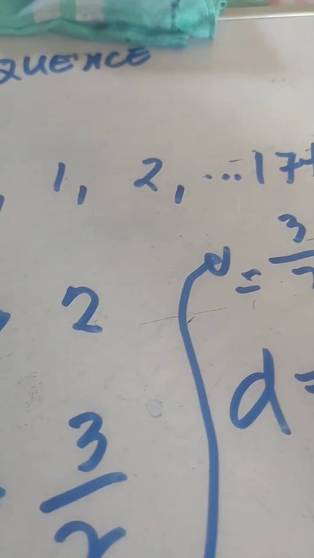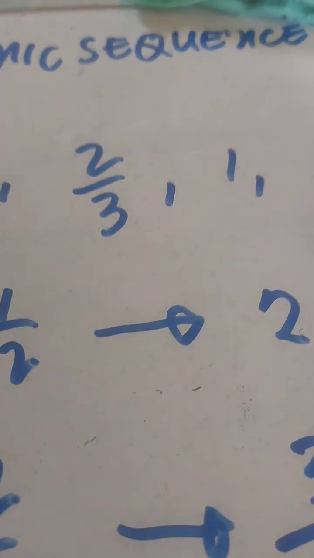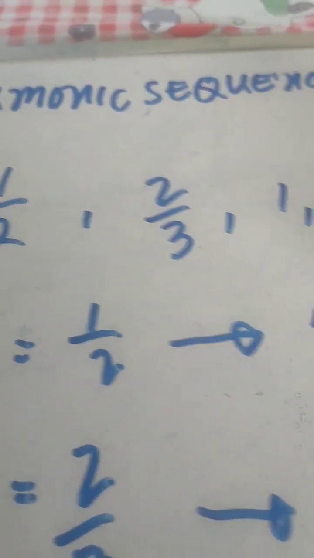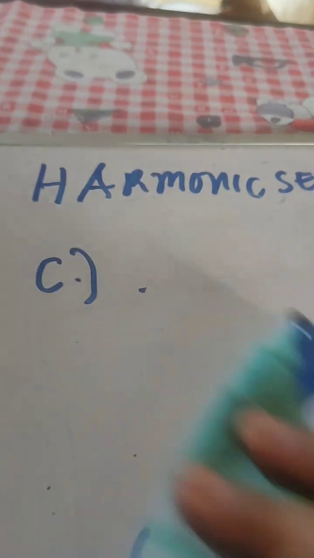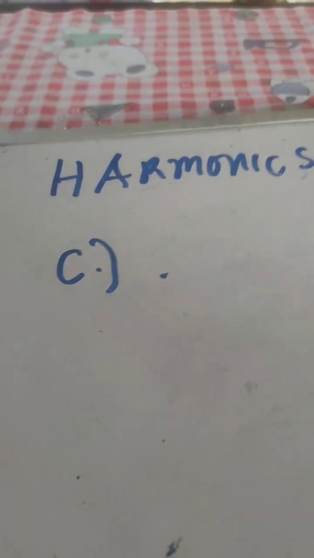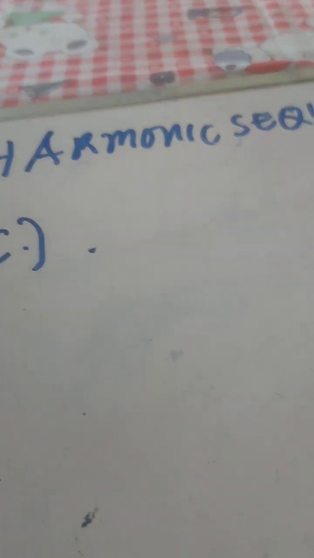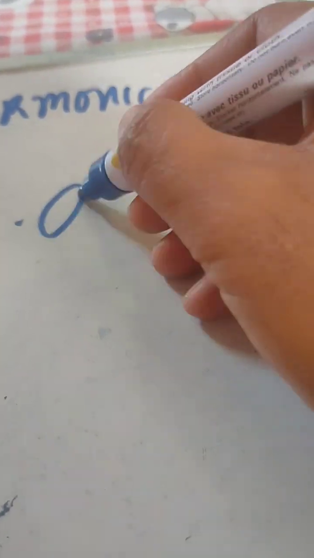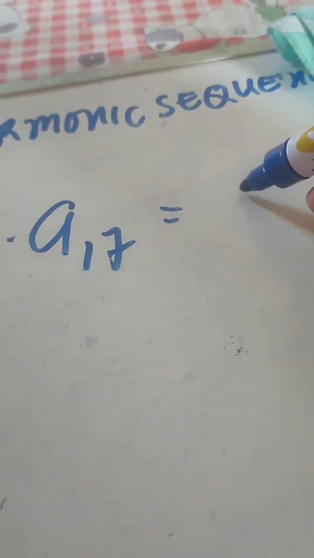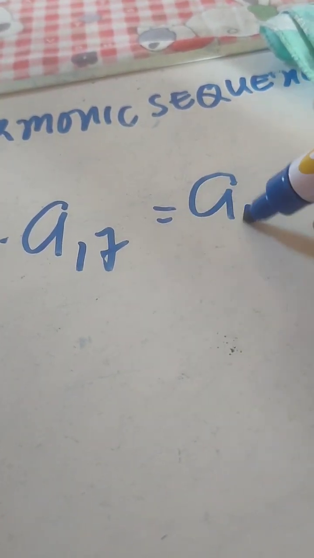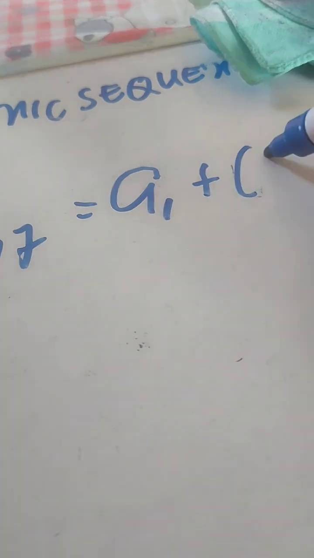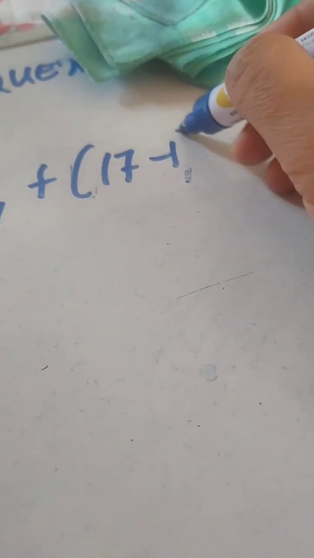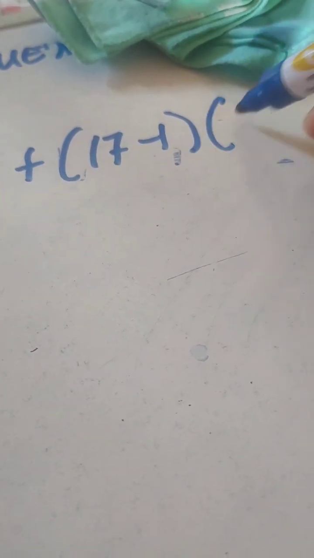Solving for the 70th term, let us try to solve it using the formula a sub 70 is equal to a sub 1 plus 70 minus 1 times the difference of negative 1/2. Okay?